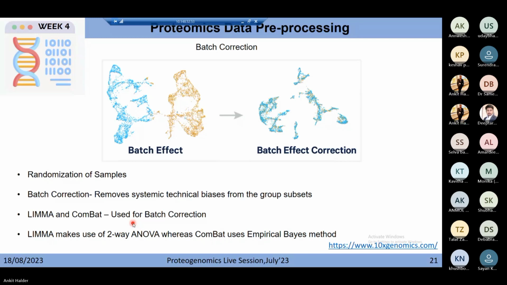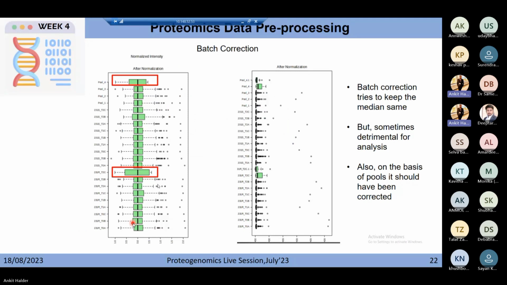So here, if you see on the left side in the box plot, the experiment has been done such that after running all these samples, these two samples before running, the run could have been completed before there was some issue with the instrument.